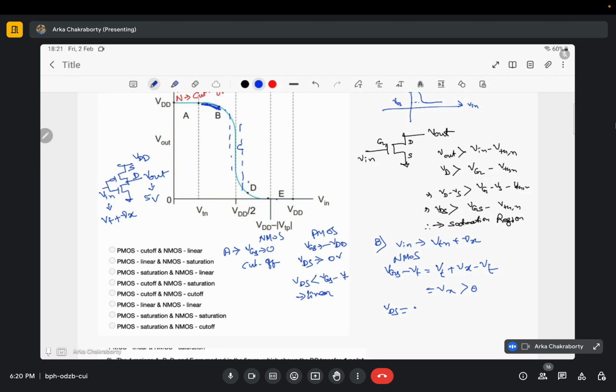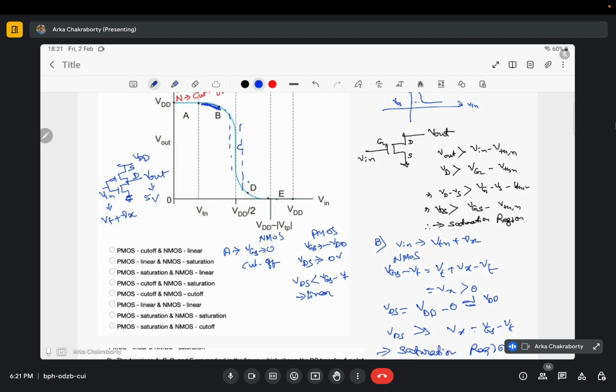So VDS would be VDD minus V source. V source is here 0 volt, right? So we say around VDD. And as VDS is around VDD, which is far greater than Vx, that is my VGS minus VT, my device is in saturation region, right?